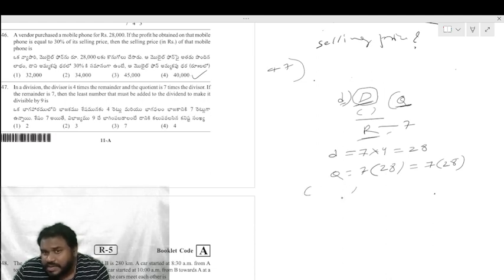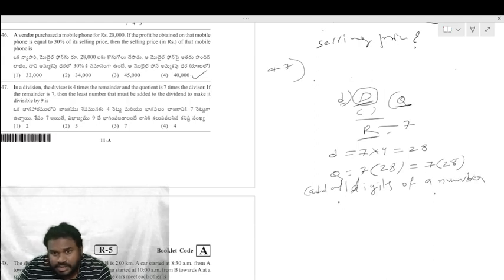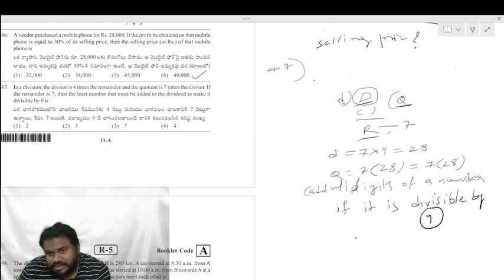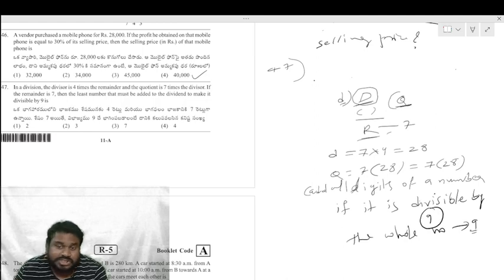You have to add all digits of a number. If that is divisible by 9, then the whole number will be divisible by 9. So this is the condition.